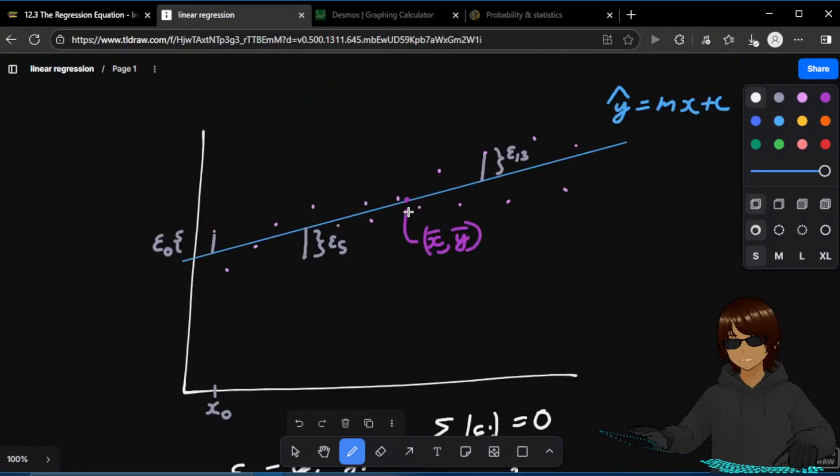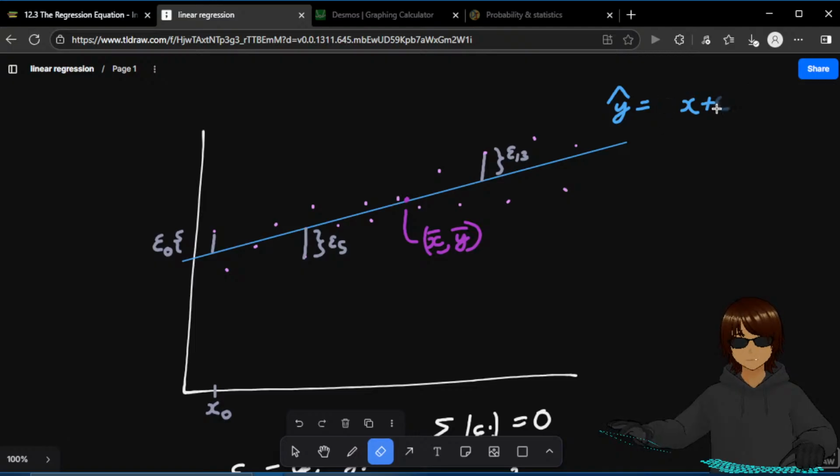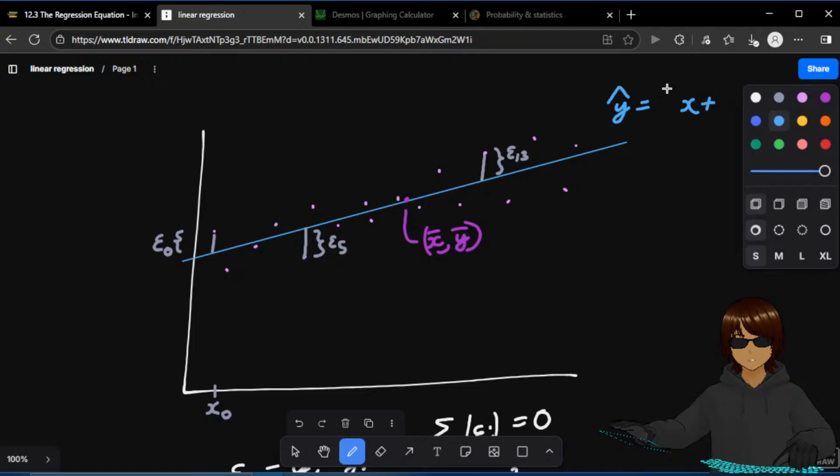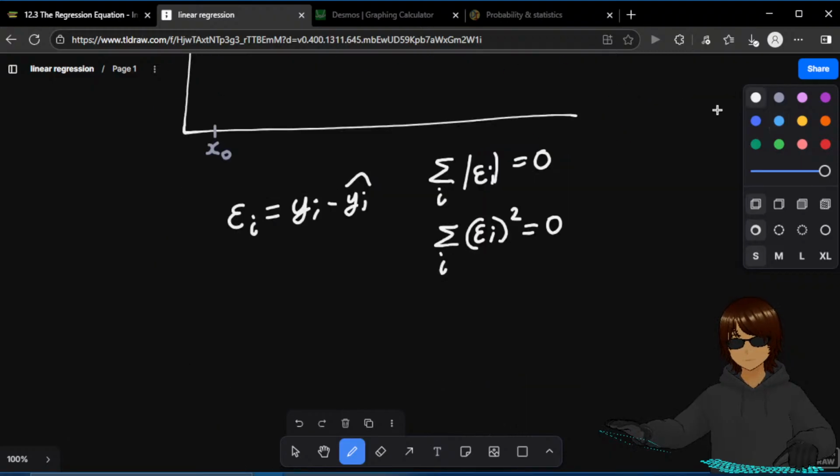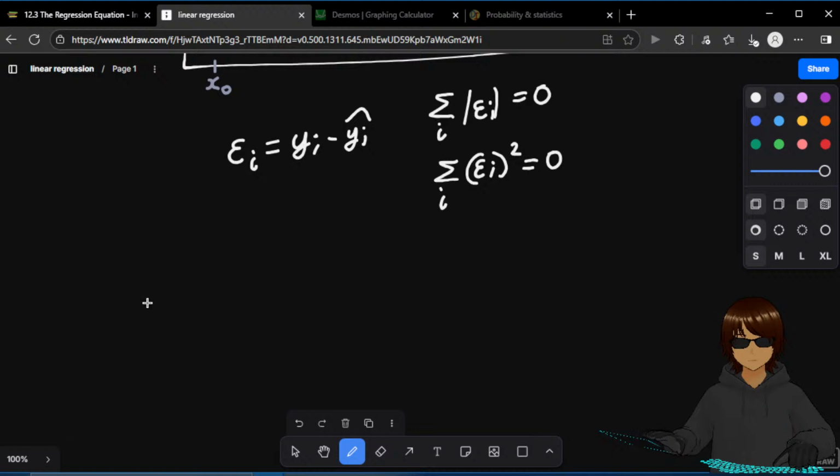You know what? Let's use B and A instead. So we have y naught equal to bx plus a.